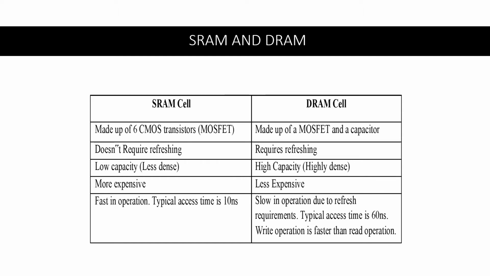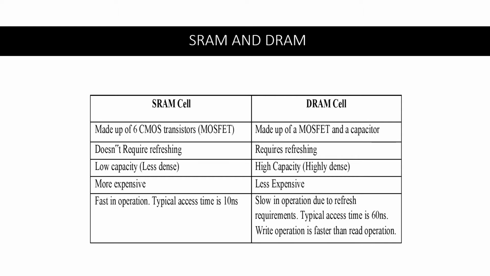Now, again we will see the major difference between SRAM and DRAM. Already in the earlier videos I have told what SRAM and DRAM are, what their structure is, and what the drawbacks are.